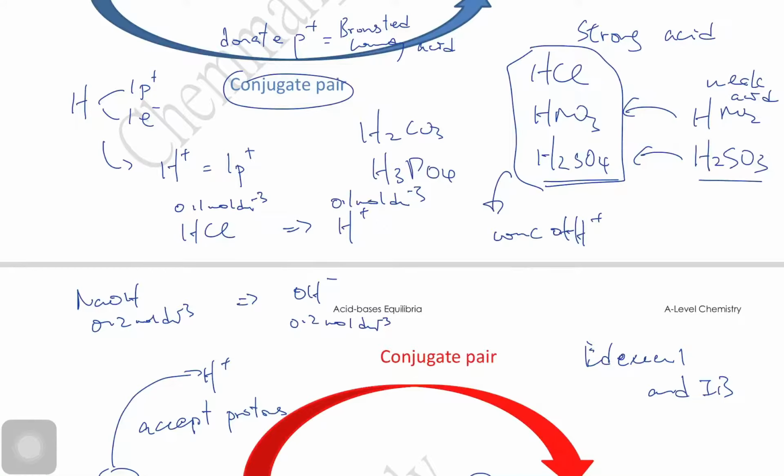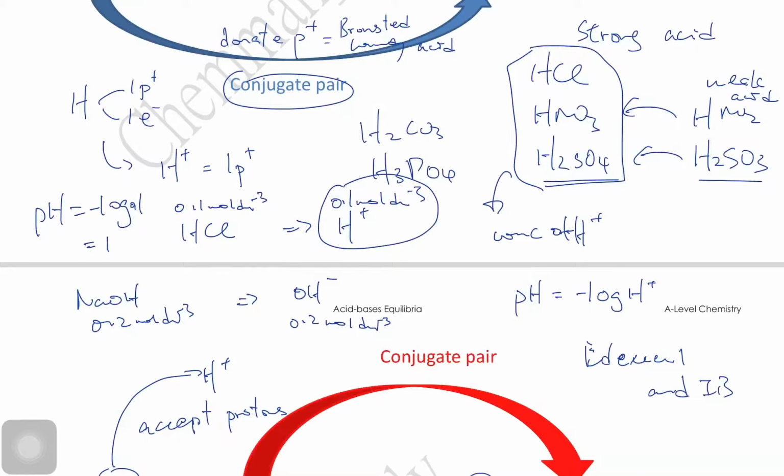And then to solve for pH, which is the most important calculation in this unit, remember one thing: pH is equal to minus log of H plus. That means if you have 0.1 here, then the pH is directly equal to minus log 0.1, so it's 1.